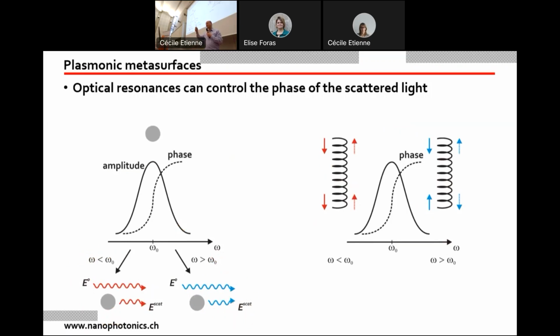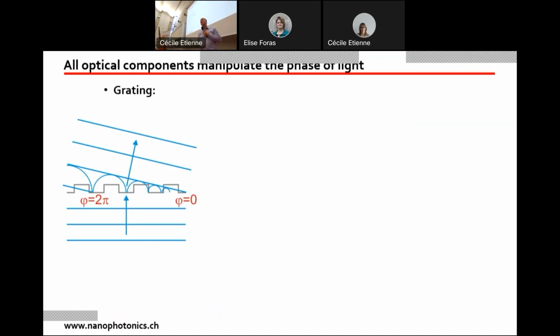So you are able, with a small metallic nanoparticle, to manipulate the phase of the light. And depending on the wavelengths that you choose, you will either have scattered light that is in phase or out of phase.